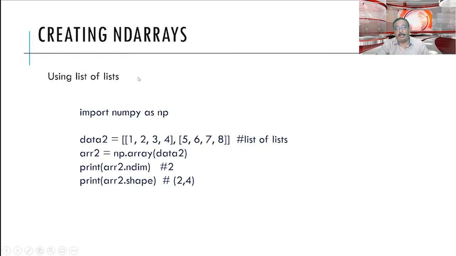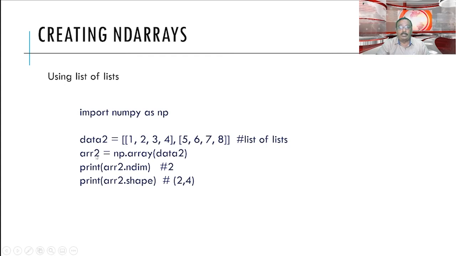Creating ndarrays. We can create arrays in many ways. For using NumPy, you have to import numpy as np. Here we are converting a list into a NumPy array. There are 2 lists available, and they are stored in data2. This data2 is converted into an ndarray by using np.array.